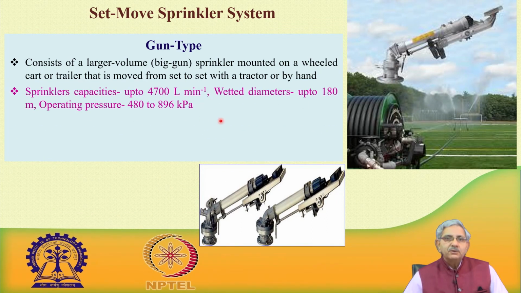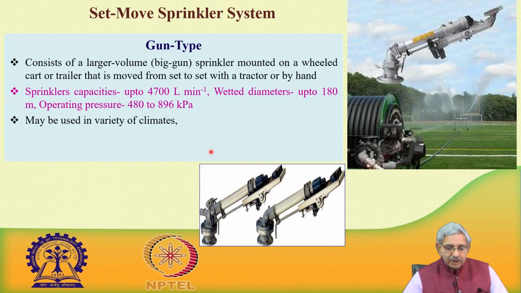Sprinkler capacity, these are of very high capacity, about 4,700 liter per minute. It has a wetting diameter of about 180 meter. It requires an operating pressure from 480 to 896. You can see these are the guns.